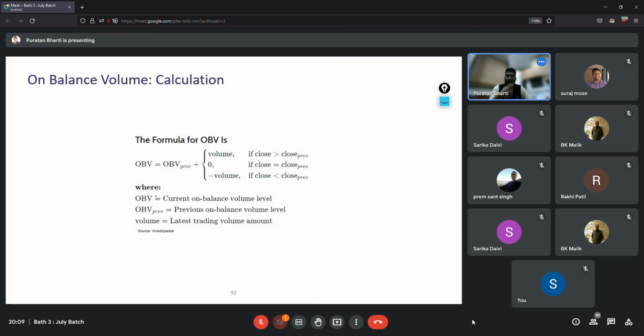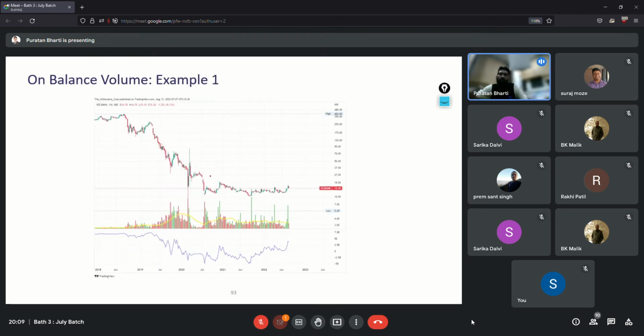It is one of the simplest formulas. I think it's one of the simplest volume parameters, but it tells us a lot of story. This I have taken for Yes Bank. If you look at this one, the stock seems to be not moving much.